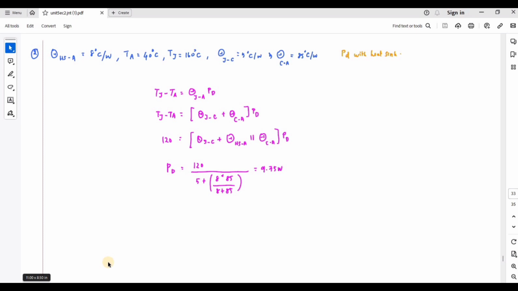We will discuss the efficiency and also the difference between the push-pull amplifiers and complementary amplifiers. This topic they will ask in 2 mark questions only.